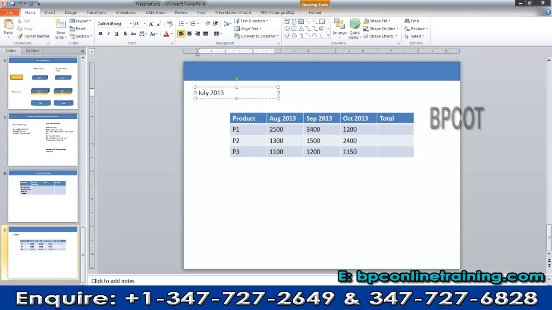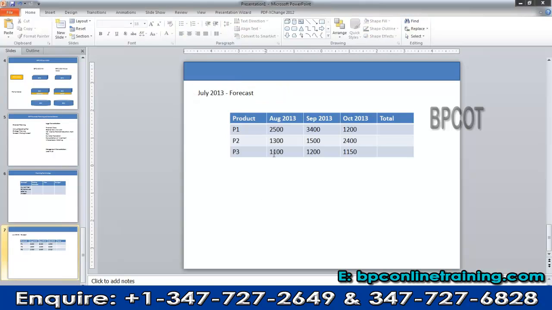Sitting in July 2013, I estimated my next 3 months, August, September, October. You can estimate for November, December also. I estimated the remaining 5 months of sales. This is called forecast. Why? The estimations are happening for the current year.